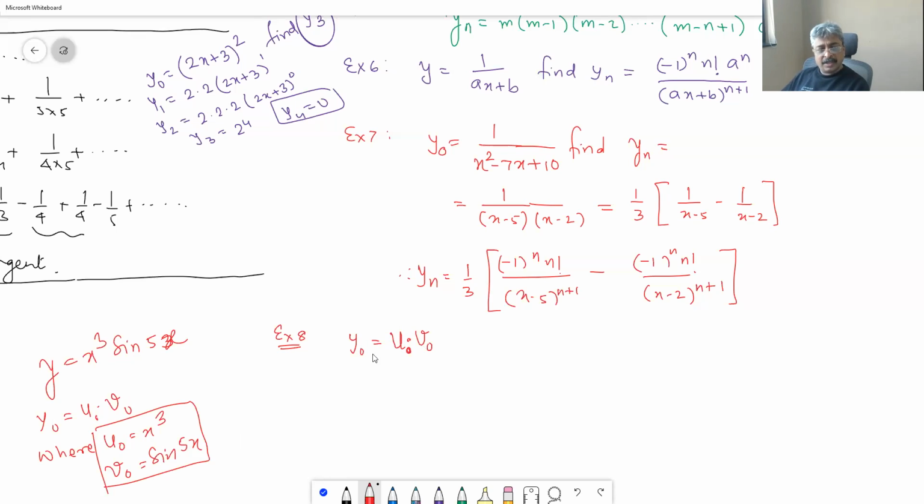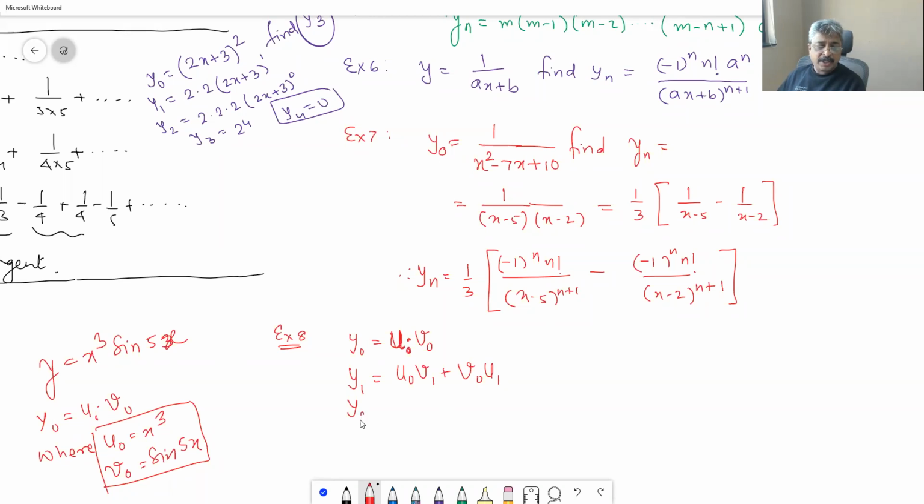Okay, so suppose instead of taking a specific function, we take u0 as a function of x and v0 as a function of x, then what is y1? For y1 we have to apply the product rule for derivatives: u0 v1 plus v0 u1, correct?